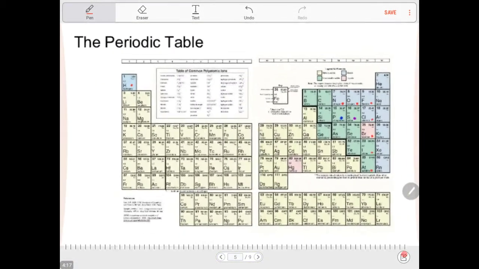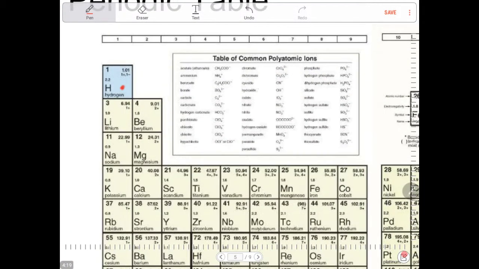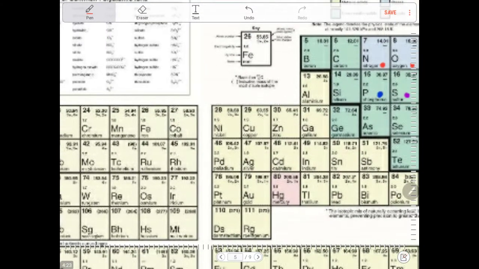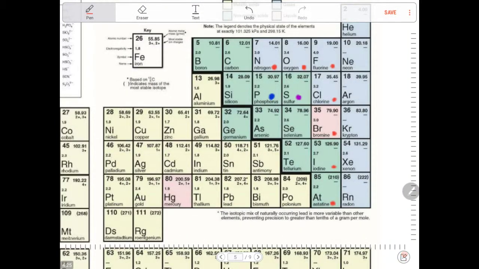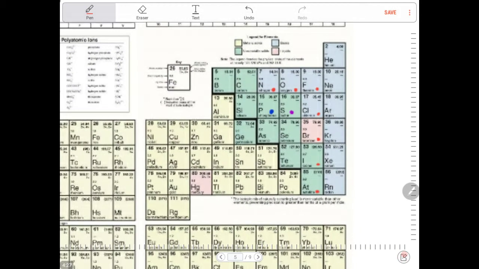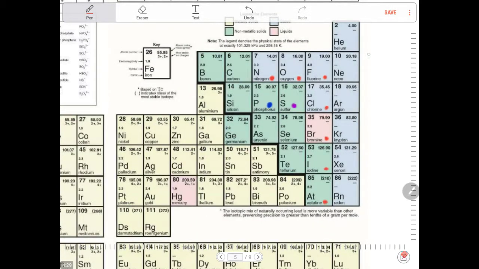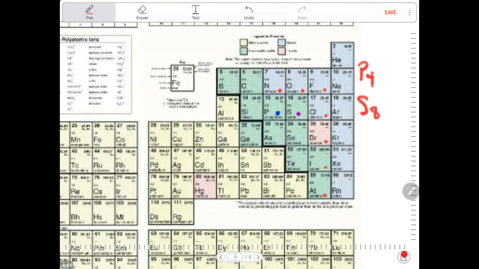The other diatomic is over here on the left, and that's hydrogen. Okay? Furthermore, if you look at phosphorus, I put blue there because phosphorus exists as P4, and sulfur always comes as an 8. Okay, so if it's red, they come in groups of 2. If it's blue, it comes in a group of 4. And if it's sulfur, it comes as a group of 8.